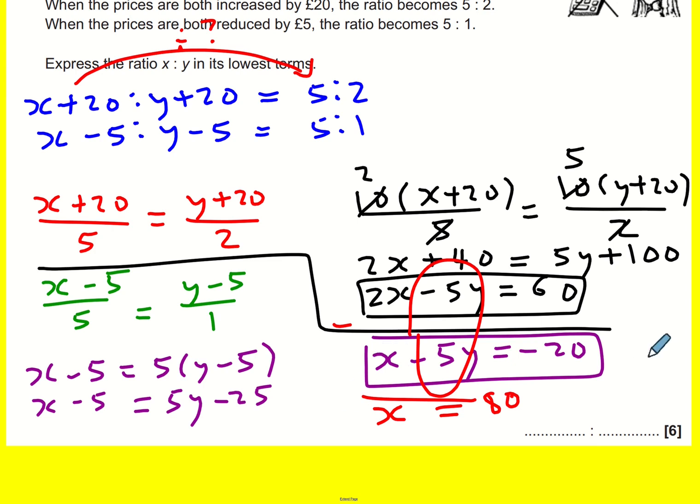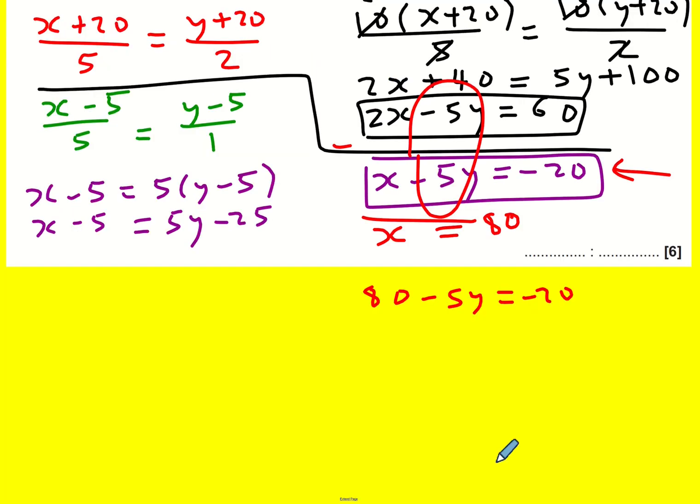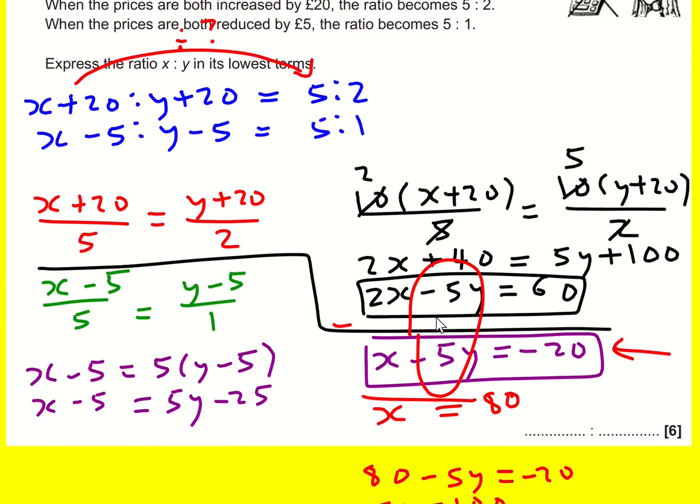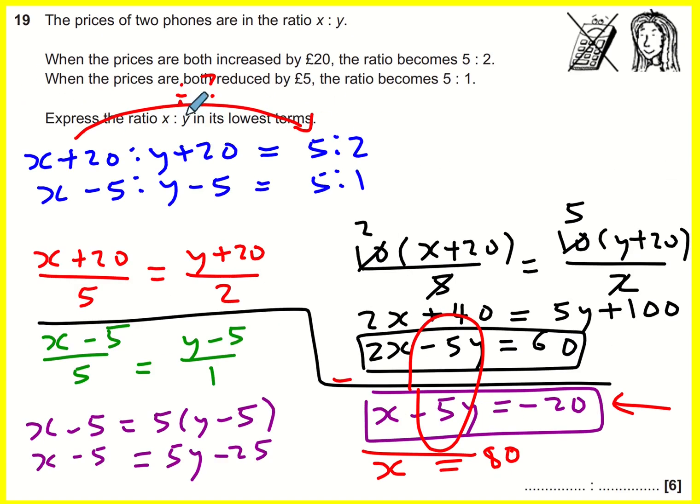Let's put it back into this one here. So it's going to be 80 minus 5y is equal to minus 20. I can rearrange this to 5y equals 100, and so y is going to equal 20. And we're nearly done. We've been asked for the ratio x to y in its lowest terms, so it's going to be 80 to 20. I can divide through by 20, so it's going to become 4 to 1, and that is how you do that question.